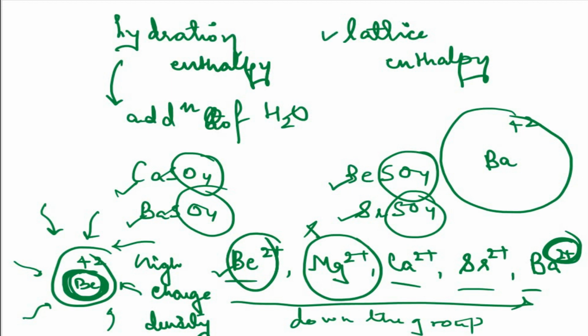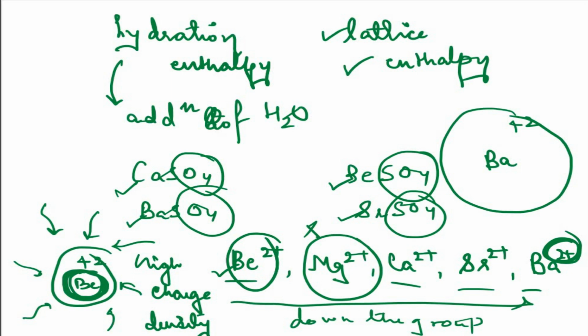Now comparing lattice energy to this. Lattice energy is the energy required to create the salt, that is barium sulfate or calcium sulfate in this case. Now beryllium has a very small size and sulfate is a very large radical, so there will be a size mismatch for beryllium, whereas the overlap will be very good for barium because barium also has a larger size and sulfate also has a larger size.